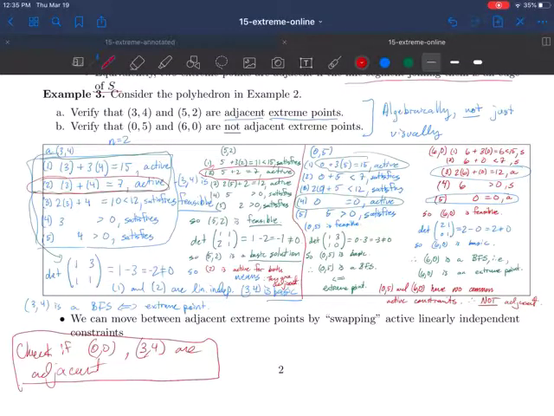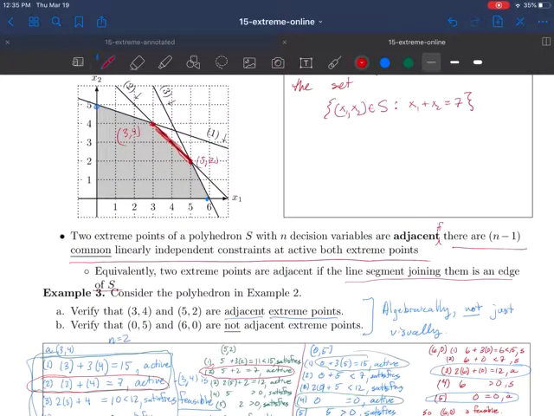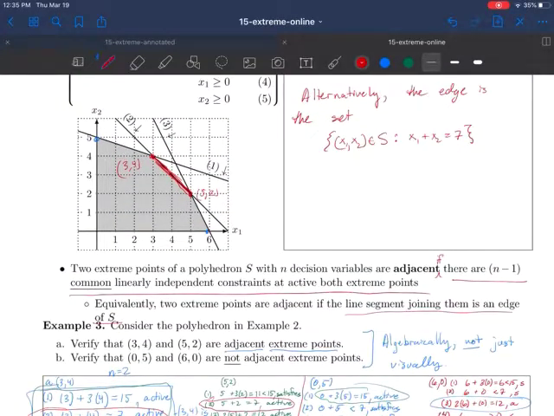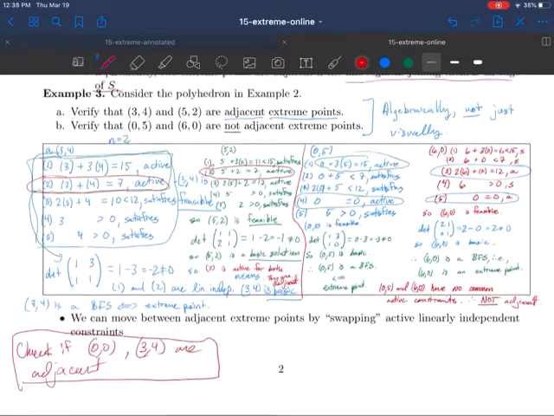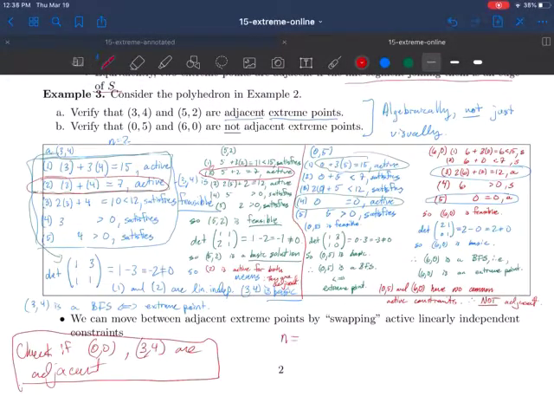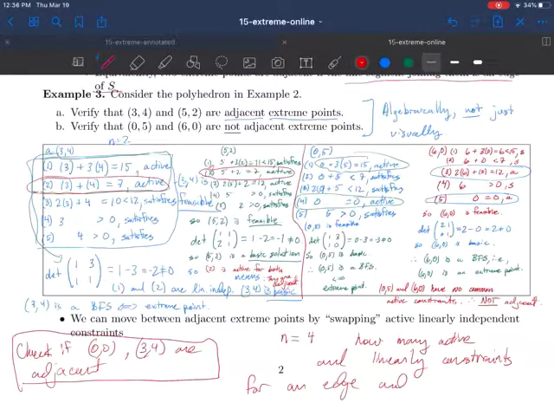The other question I'd like you to answer is: suppose n equaled 4, how many active and linearly independent constraints would we need for an edge and for a basic solution?